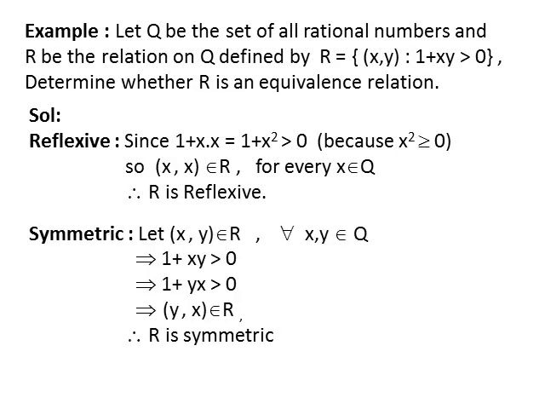For symmetric, let's assume ordered pair (x, y) belongs to the relation R. So it means 1 plus x times y is greater than 0. This implies 1 plus y times x is also greater than 0. So ordered pair (y, x) belongs to the relation R. Therefore, R is symmetric.